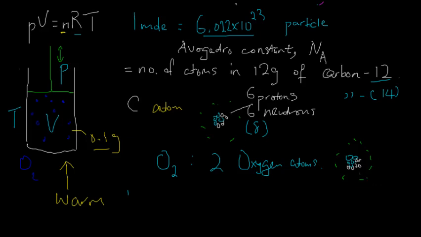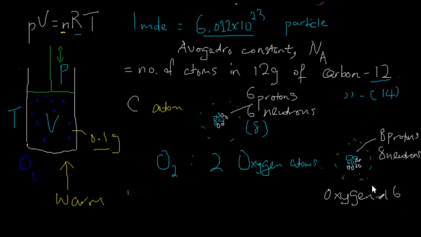But there's what looks like a slight difference. There are 8 protons in the center, and there are 8 neutrons. So if I want to be as precise as I did for the carbon atom, I would say oxygen-16 atom.